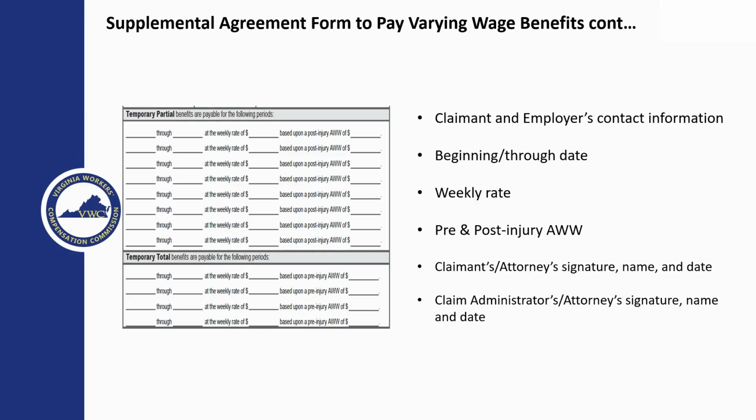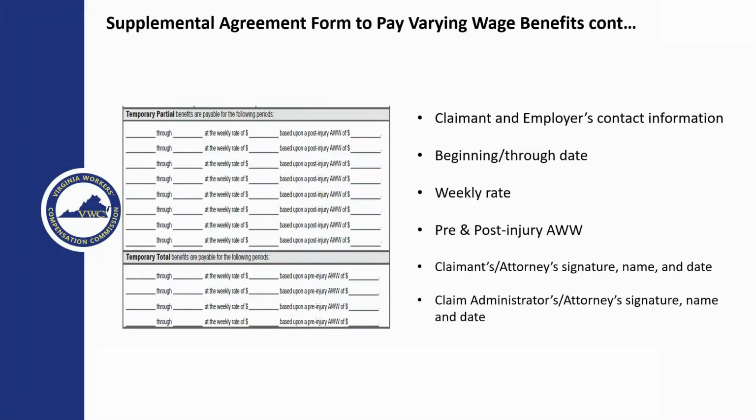For assistance with manual calculations of work weeks that are less than 7 days, please feel free to contact the Commission's Claims Services Department. The purpose for including the post-injury wage on the form is to allow Commission staff members the opportunity to verify the accuracy of the temporary partial disability compensation rate.